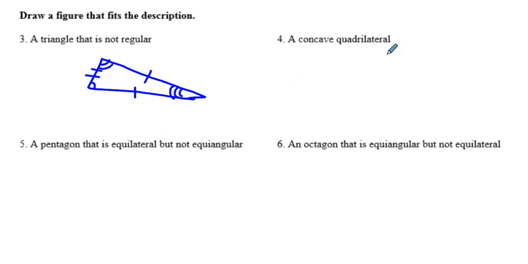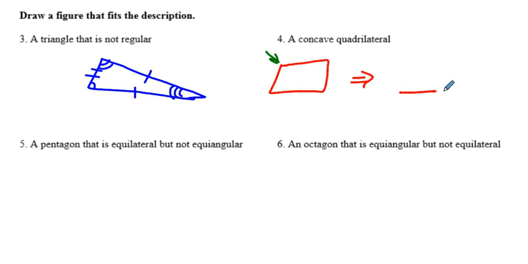How about a concave quadrilateral? When we think of a quadrilateral, we typically just draw a four-sided shape, right? But it's kind of hard to draw a concave one. So imagine here, maybe on one of these vertices, I push it in. So imagine I'm pushing in that side. So let me try to duplicate that.